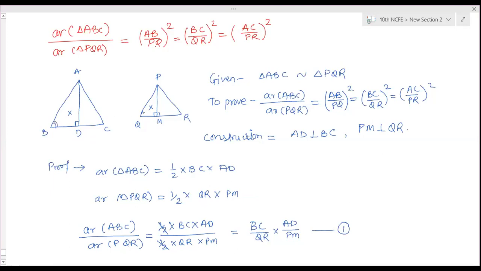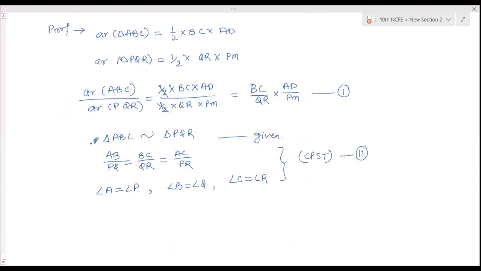And angle B is equal to angle Q because the triangles are similar. So B and Q are equal and D and M are 90 degrees. So by AA criteria, these two triangles are similar. Therefore we can take AB by PQ is equal to AD by PM. And we have shown AB by PQ is equal to BC by QR. So BC by QR and AD by PM are equal.